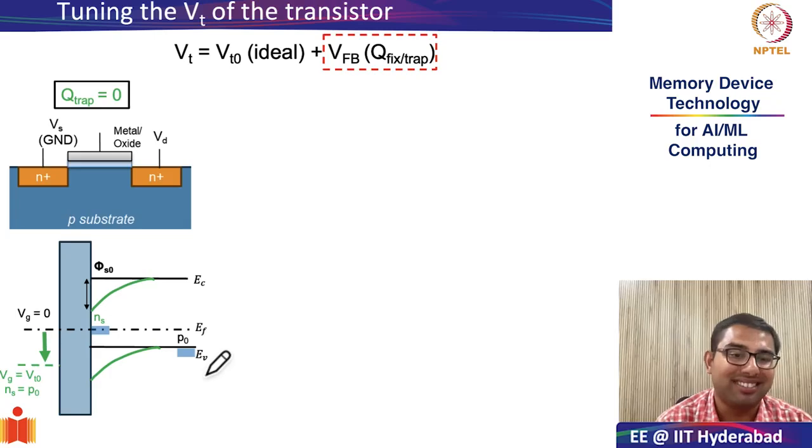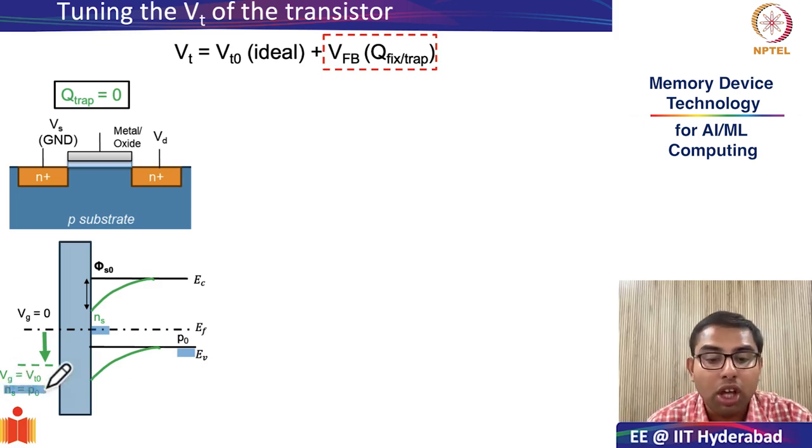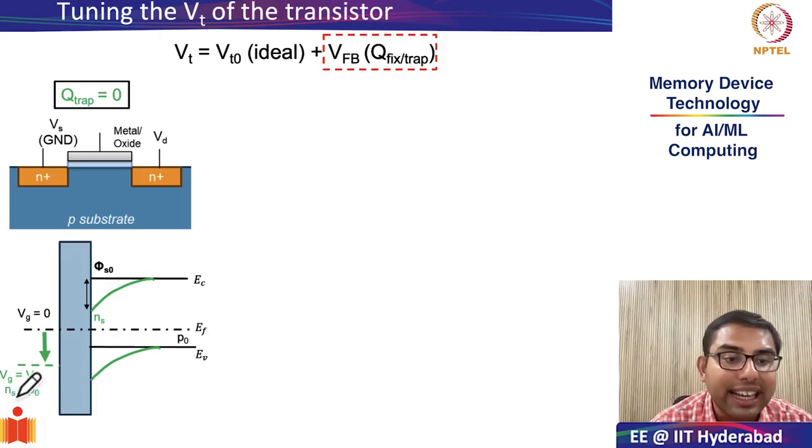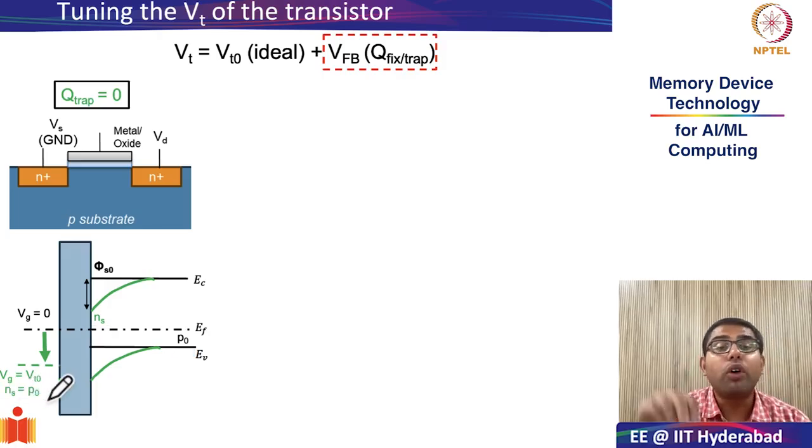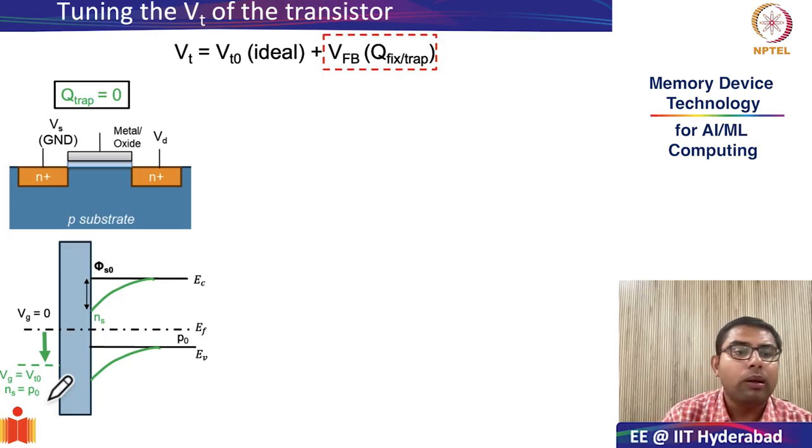In this condition, you are said to have reached the threshold voltage of the transistor. So in other words, the threshold voltage of a transistor is reached when the number of surface electrons is equal to the number of holes in the bulk. So we see that there is a finite threshold voltage to be reached even for an ideal case.